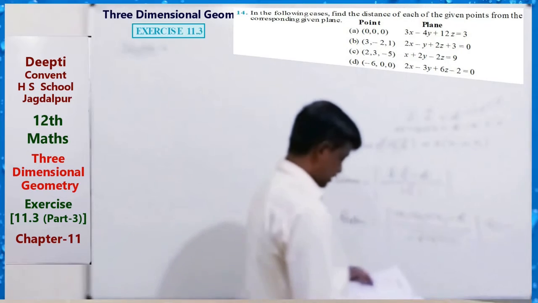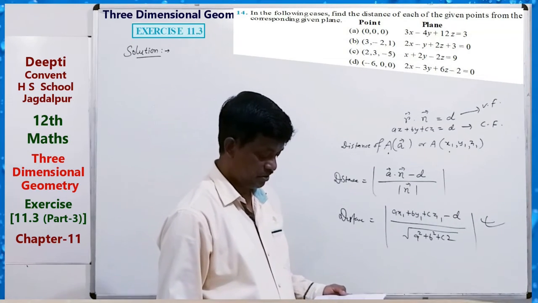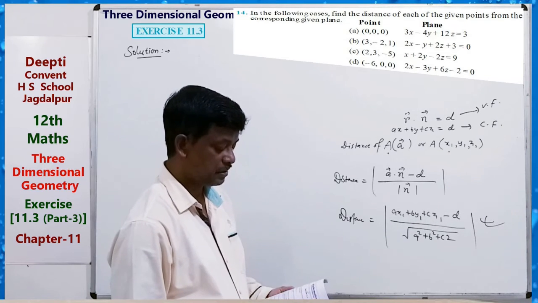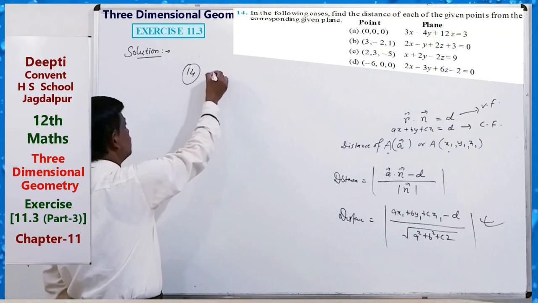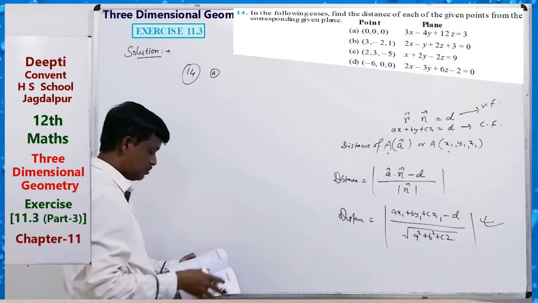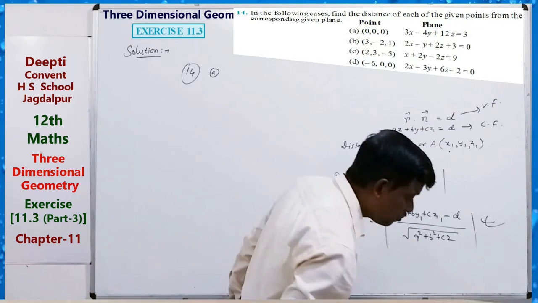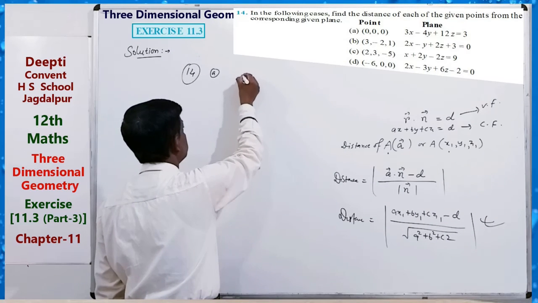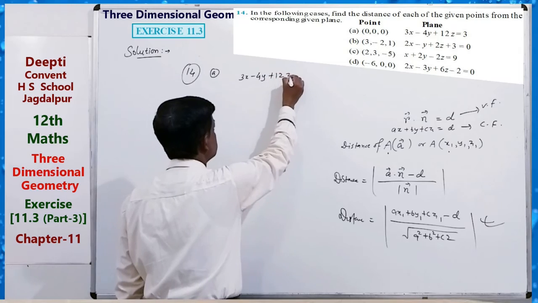So just use it. Here, question 14, first part. What is the point? The point is the origin, and the plane is 3x minus 4y plus 12z equals 3.